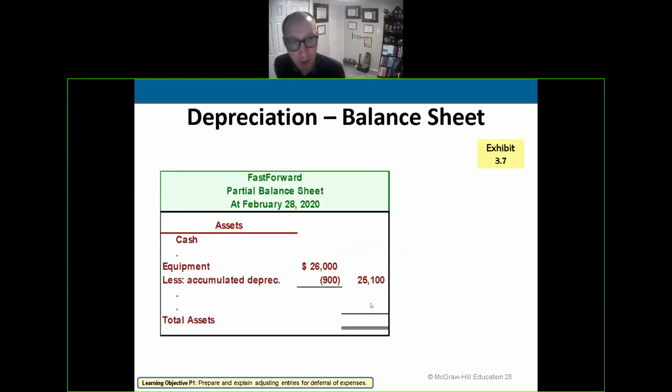And here's the effect on the balance sheet. Equipment always remains the same. It'll always say 26,000 until you take it off the books. But you'll see a negative asset account called accumulated depreciation, which acts as a contra account to the equipment account, representing the depreciated value of the equipment.